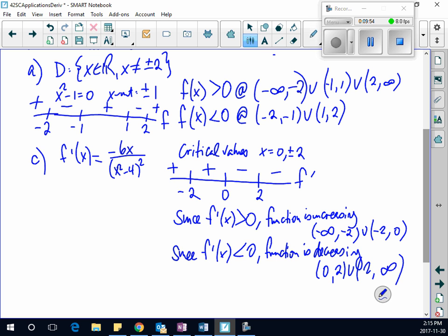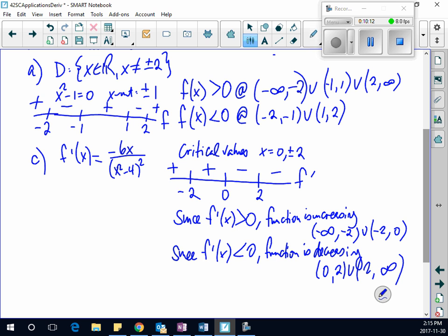Do we have any critical points that happen to be extrema? At 0, what's happening at 0? It's a local max. Does everybody understand why?